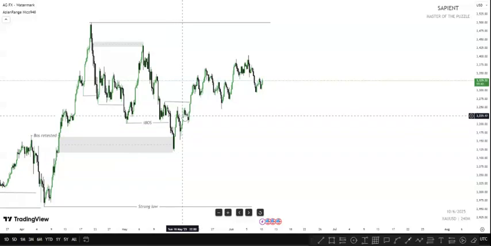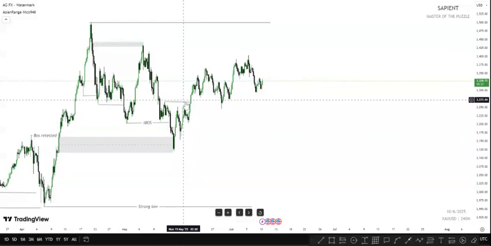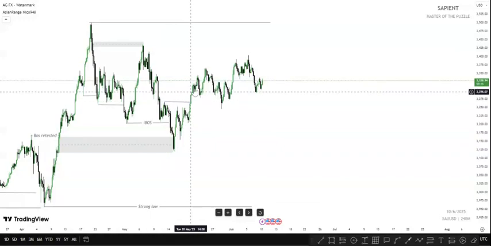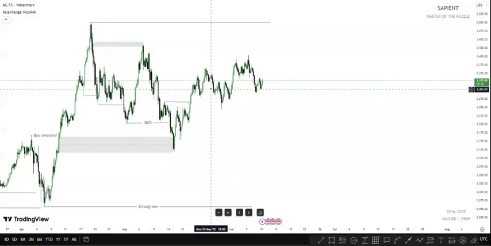Then it pushed up. Then still pushed down till it broke this supply level, right? So we now have this internal change of structure again, or change of character, as you may call it. So now price has pushed up, creating mini break of structures.